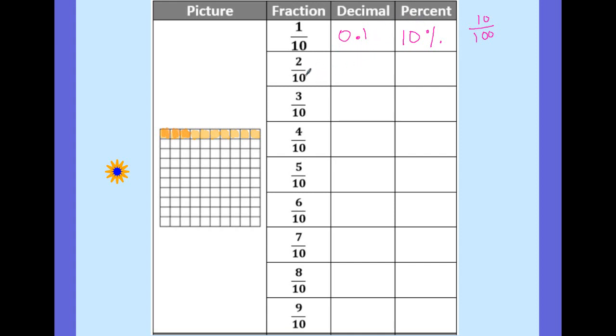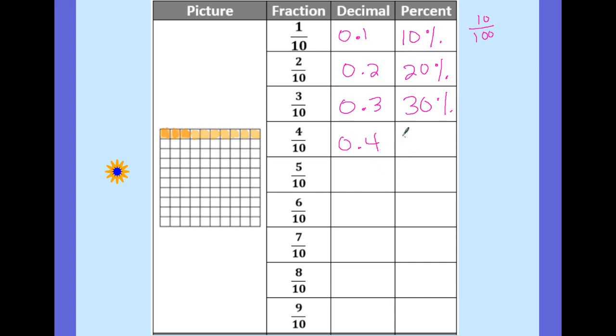Each time I add a tenth, if I'm going to go to 2/10, then I just add another tenth. And actually, when you say 2/10, it sounds like decimal format already, doesn't it? So 2/10, which is 0.2, if I double the percent, 20%, 20 out of 100. So 3/10, you can write it just like you say it, and add another 10%, it becomes 30%.